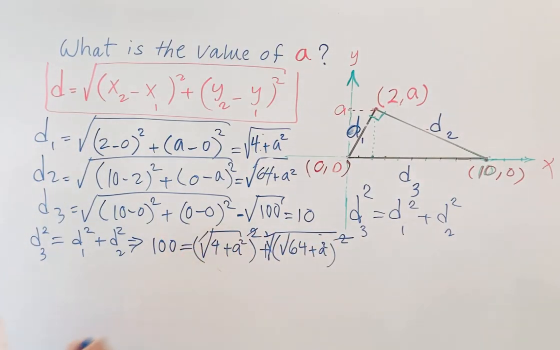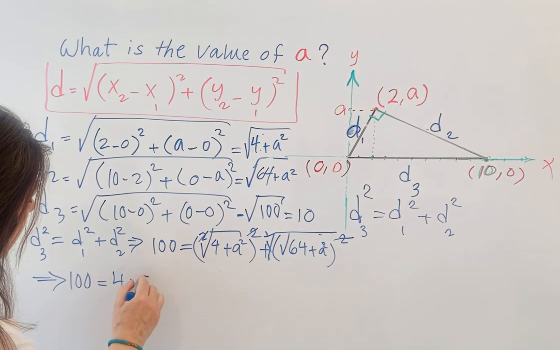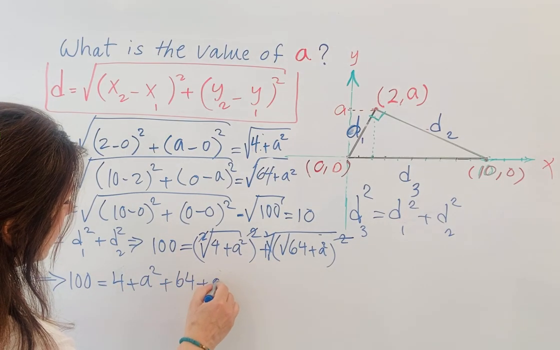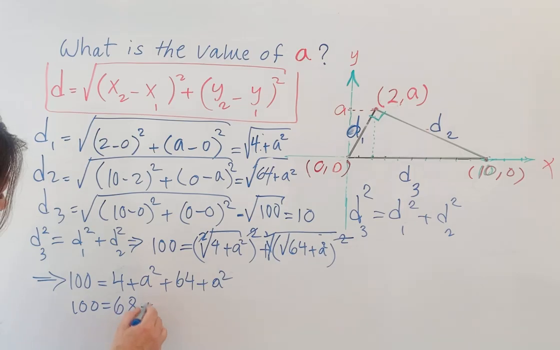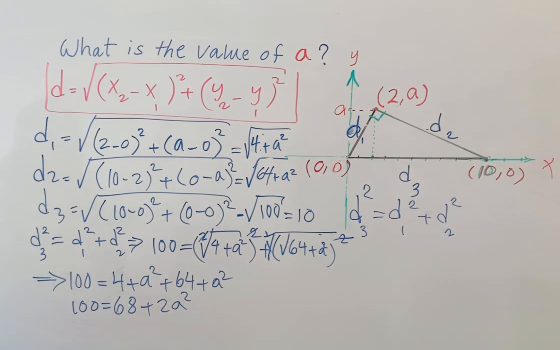This one cancels with this one, and that implies 100 is equal to 4 plus a squared plus 64 plus a squared. 100 equals 4 plus 64, which is 68, plus 2a squared, right?